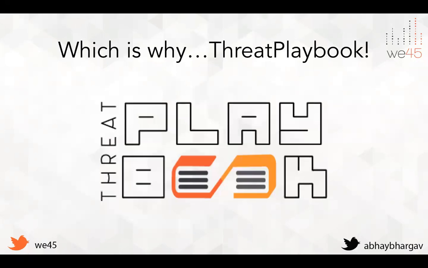The other thing that we saw was around pen testing. And while pen testing is not a very conventional use case of threat modeling, we at we45 find it invaluable. I'll tell you why. What happens when we do pen testing is that we walk through the app, we identify the app and what it does, and we actually create an attack model, a threat model of sorts, oriented mostly towards the attacks.